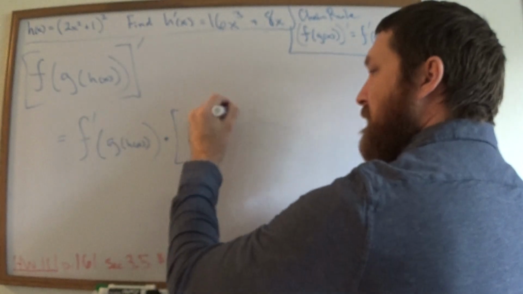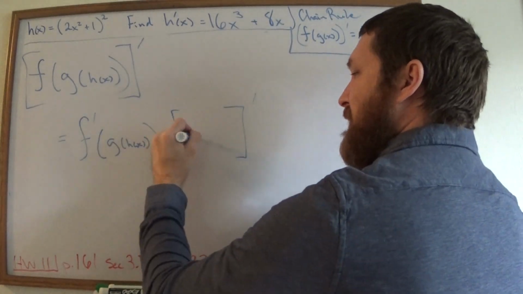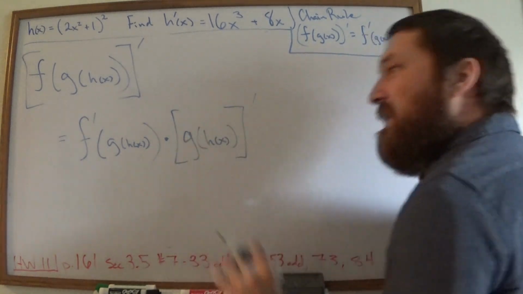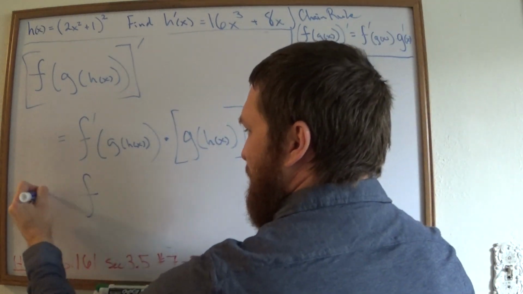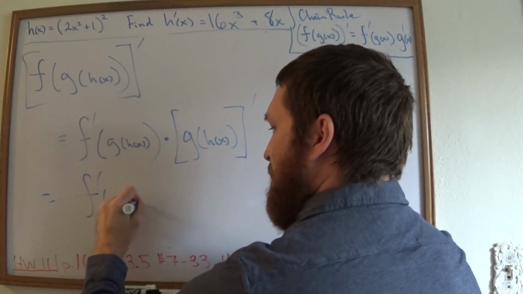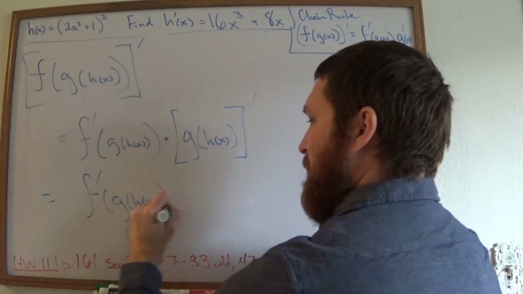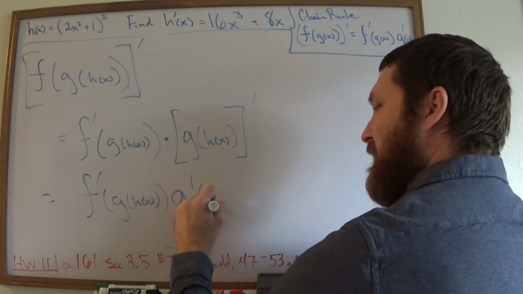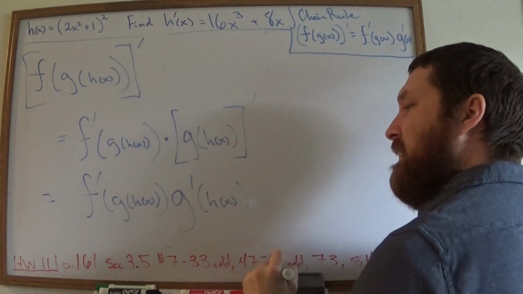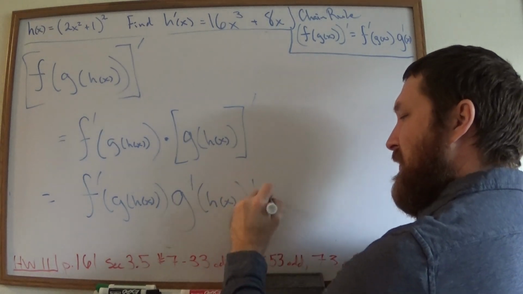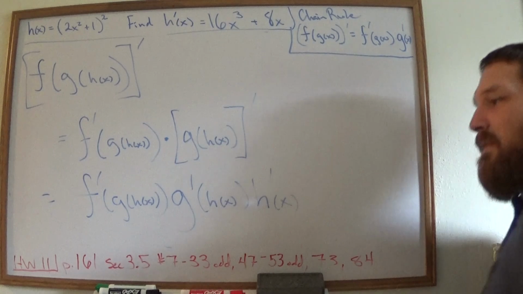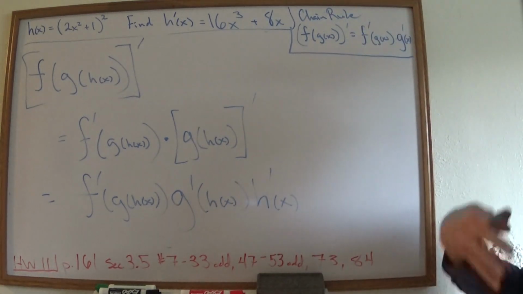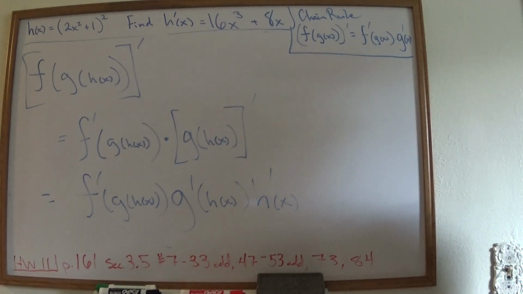The derivative of the inside stuff is now, wait for it, g'(h(x)). Take the derivative of the outside stuff, leave the inside stuff alone, multiply that by the derivative of the inside stuff. And so yes, it forms a chain, basically. You peel off the outside each time, right?